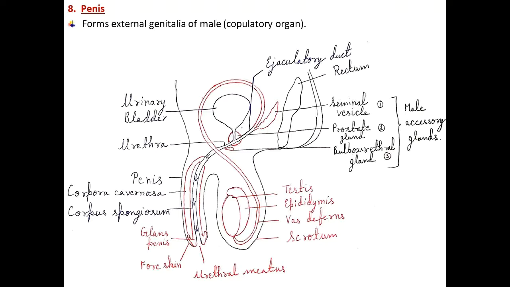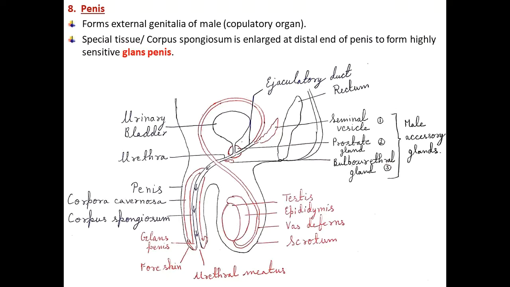Over the urethra there is a special tissue shown with a red color pen now, and this red part expands at the top. The red line going over the blue expands at the tip. So a special tissue over the urethra at the tip gets expanded and is called glans penis.